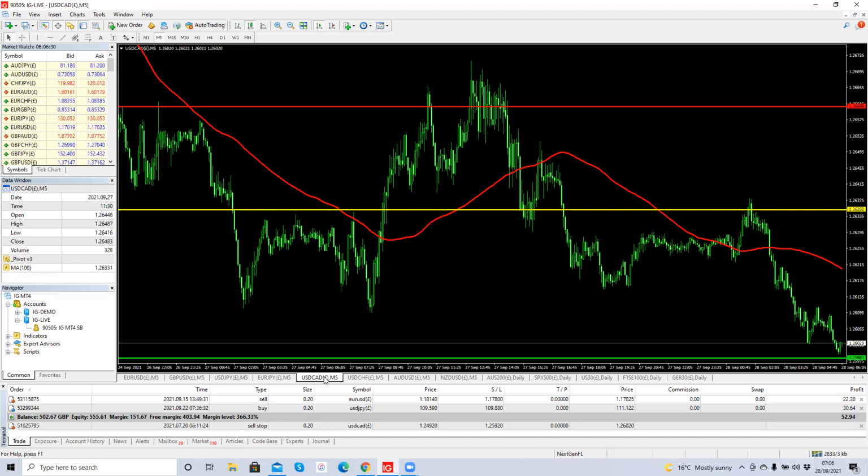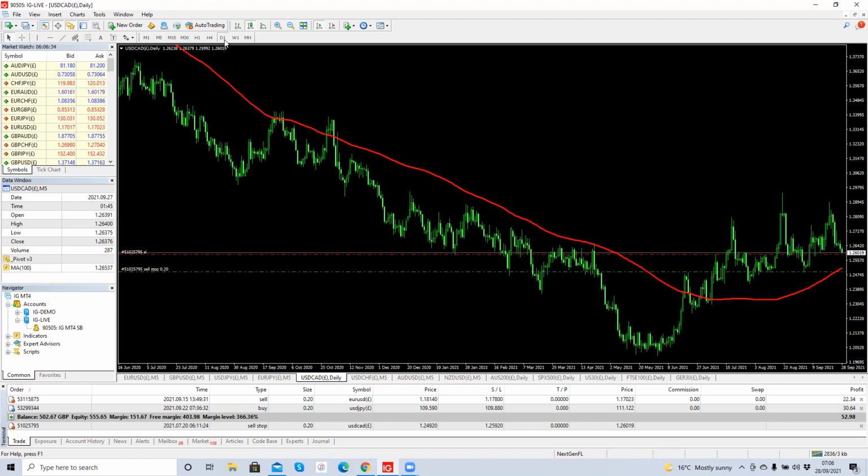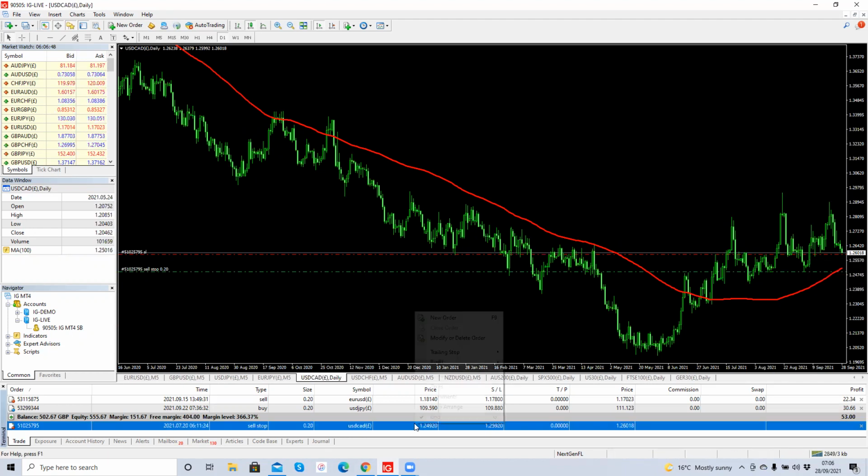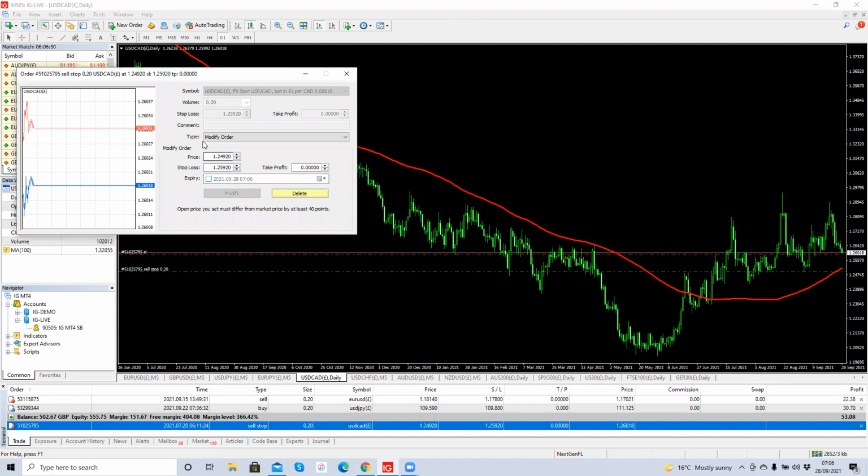So let's go to the dollar Canadian dollar. Again, we'll start with the daily time frame. Looking at the moving average 100 today, that's 1.2511. So 2 pips below that is 1.2509. So I'll just adjust my pending sell order to 1.2509, with a 100 pips stop loss.